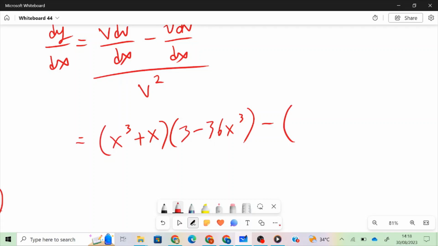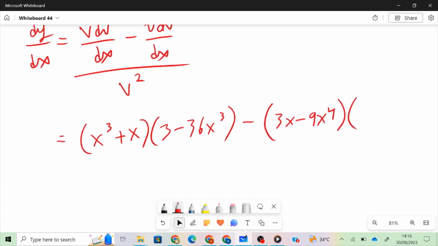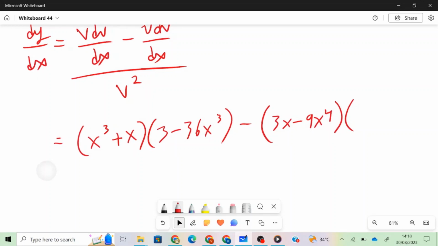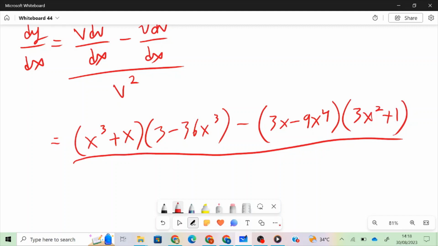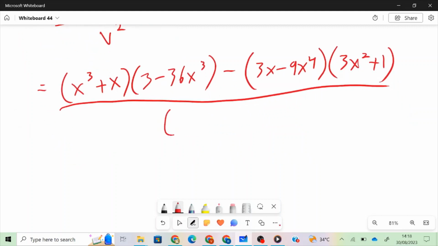Our u is 3x minus 9x to the power of 4, multiplied by dv dx. Differentiating our v, we get 3x squared plus 1. All of this over v squared, and our v was x cubed plus x, so we can just do x cubed plus x all squared.